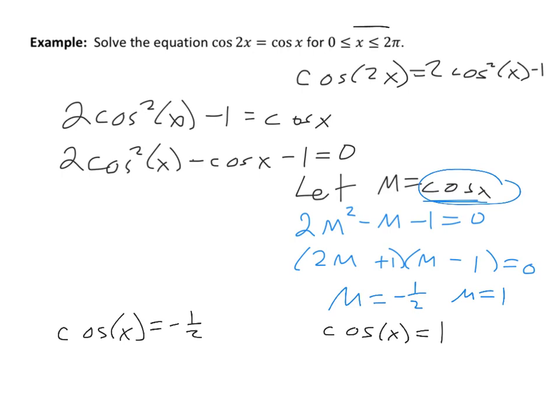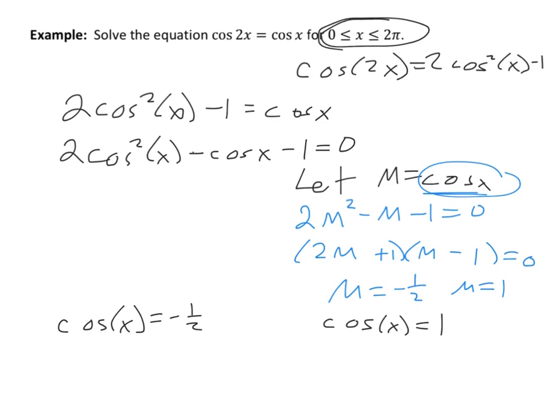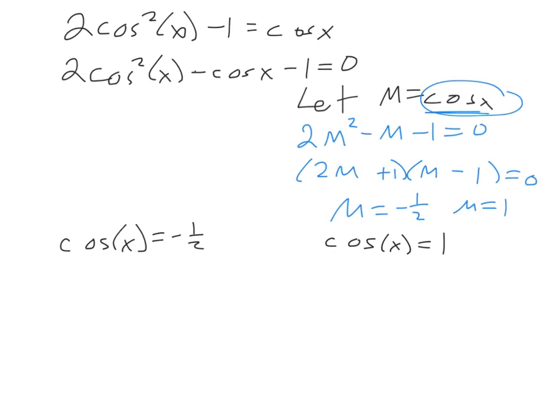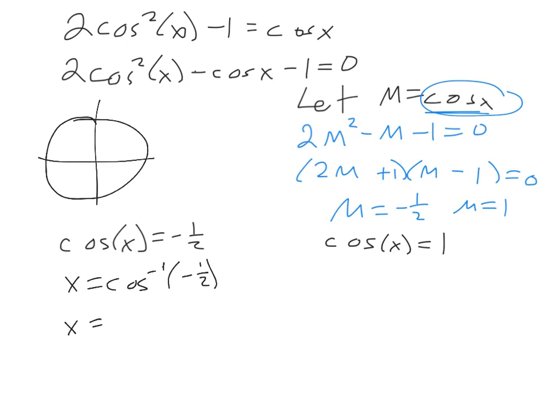Remembering the bounds that I'm working with here, I'm now going to go forward and solve these equations. Turns out these are both unit circle values, so I can just do the inverse cosine of negative a half. We're thinking to ourselves, what angle gets me a cosine value that's negative a half? If you're thinking about your unit circle, negative a half for cosine would be up here and it would be down here.